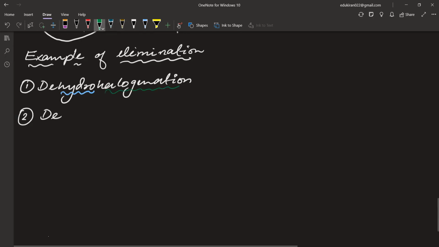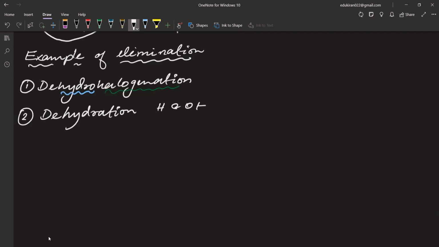Both the things are getting removed: hydrogen and halogen. Then you have dehydration. In dehydration, what is getting removed? H2O is getting removed. From one atom hydrogen, from the other atom H and OH. So you can see that water, H2O, is getting removed. That is why it is known as dehydration, removal of water. That you will learn in alcohols. Then the other is dehalogenation.